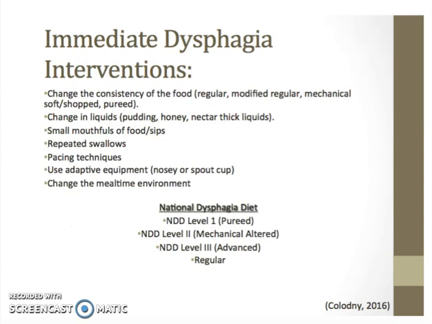So some immediate dysphagia interventions include changing the consistency of the food, changing their liquids, providing small mouthfuls, prompting a second swallow, putting in place pacing techniques, using adaptive equipment, and changing the mealtime environment.